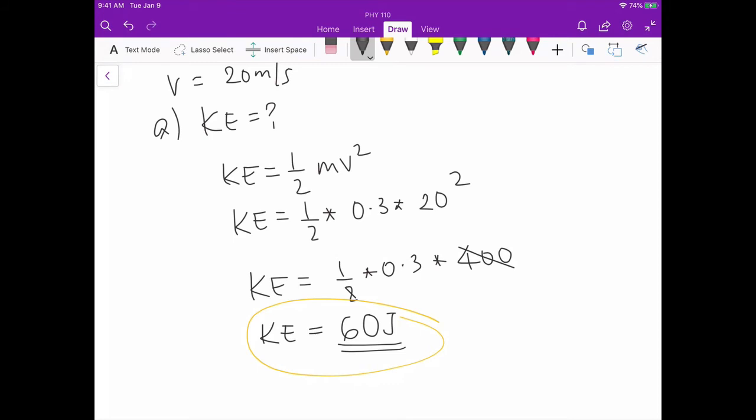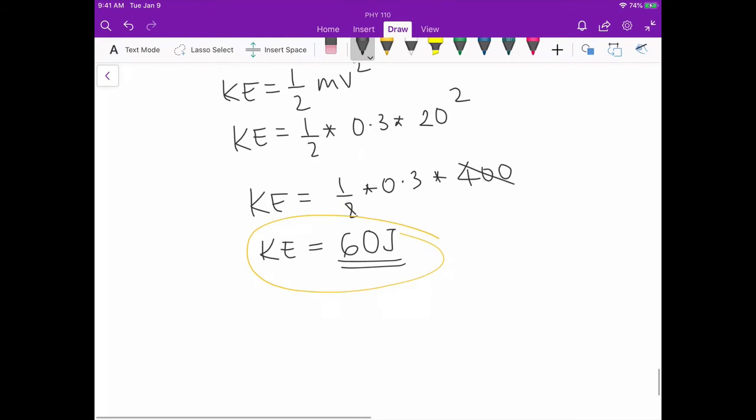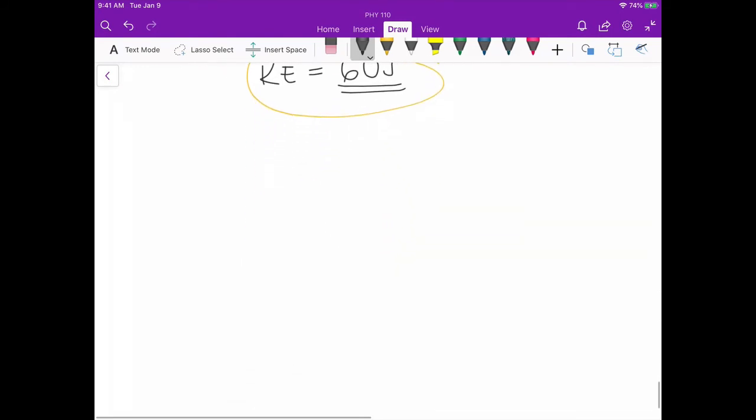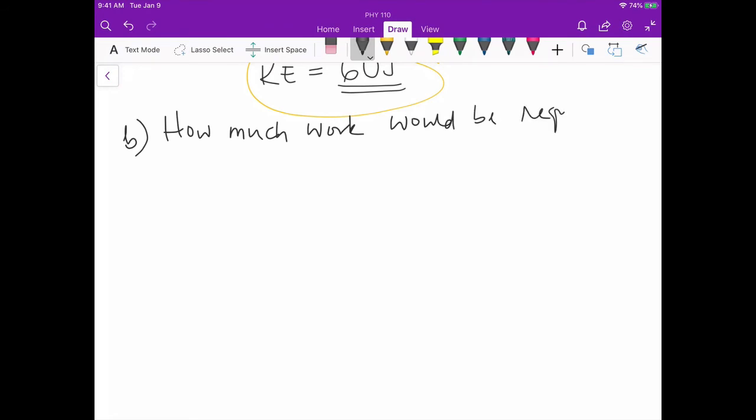There's a part B question. It states, how much work would be required to stop the ball? How much work would be required to stop the ball?